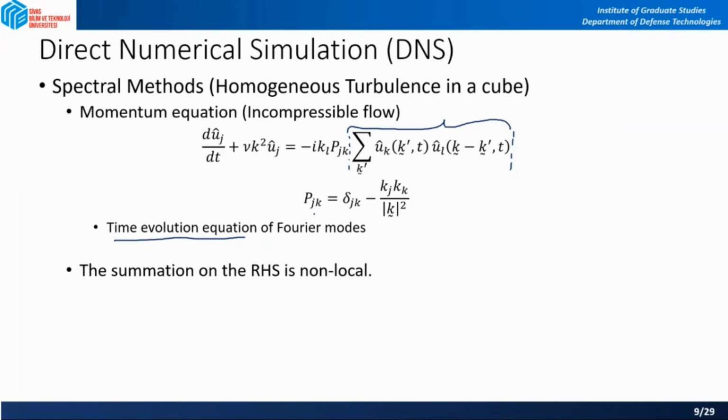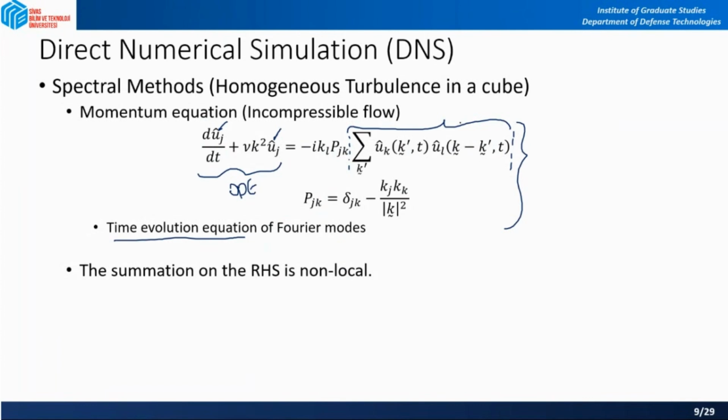If you look at the equation I wrote here, the left hand side is just one ordinary differential equation, an ODE, and it only involves u hat, the Fourier mode corresponding to wave number k. But on the right hand side, numerically you perform a very giant summation.